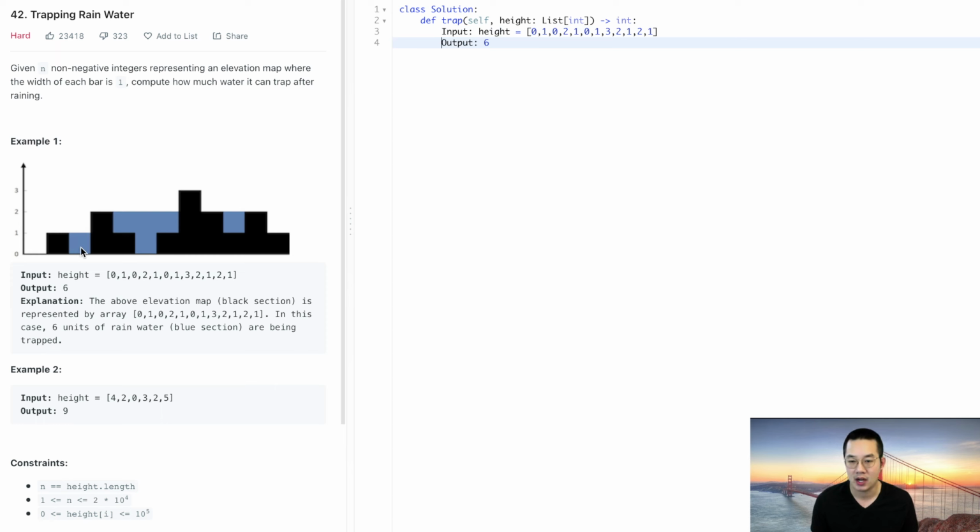Okay, so what we see here is that we can store 1 water here. The reason why we can store 1 water here is because between 1 and 2, the minimum of 1 and the maximum of 2, we can store 1 water.